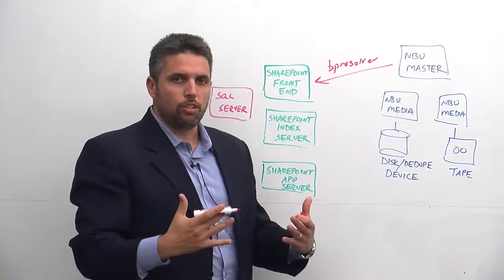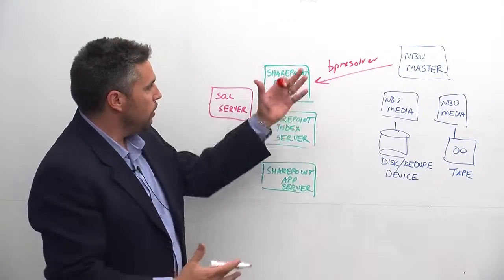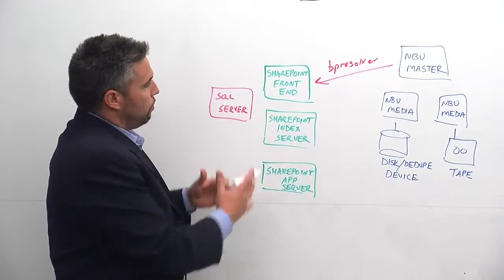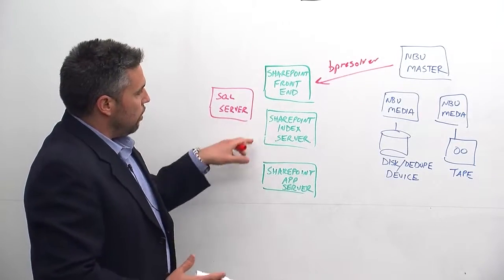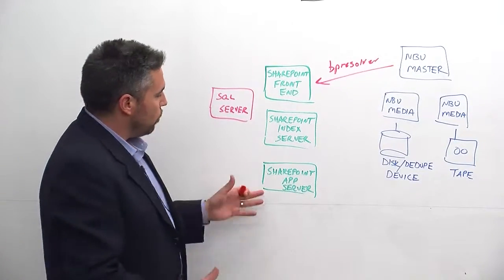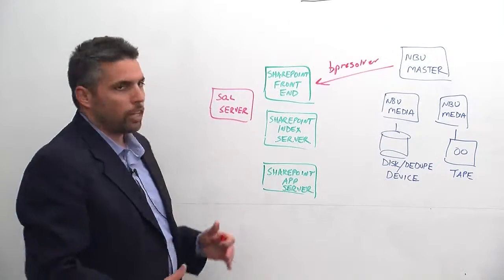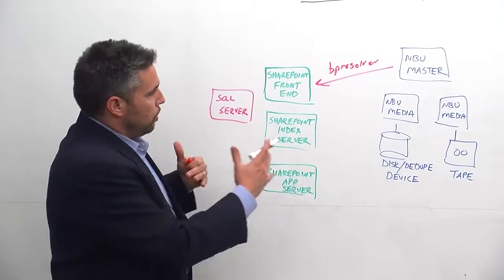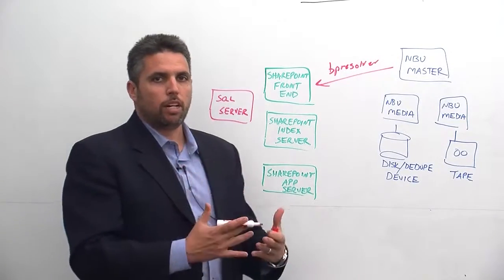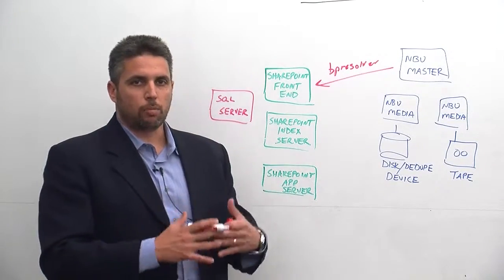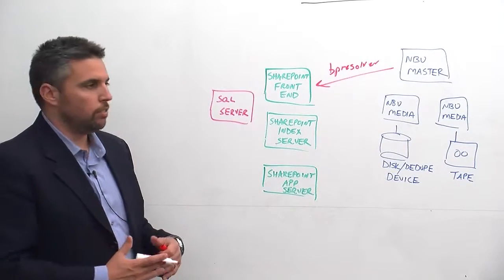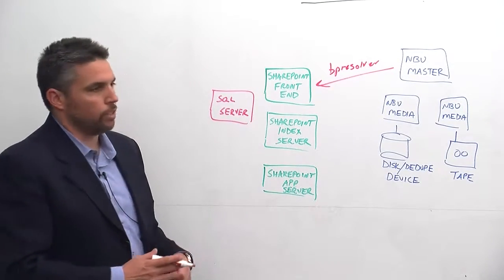This allows an automatic discovery of the SharePoint topology, the SharePoint farm. So it understands where the components are, if it needs to communicate to the index server, the application server, or likely the SQL server. When you do a backup, it backs up the SharePoint indexes, the SharePoint configuration, as well as the content databases for SharePoint specifically.